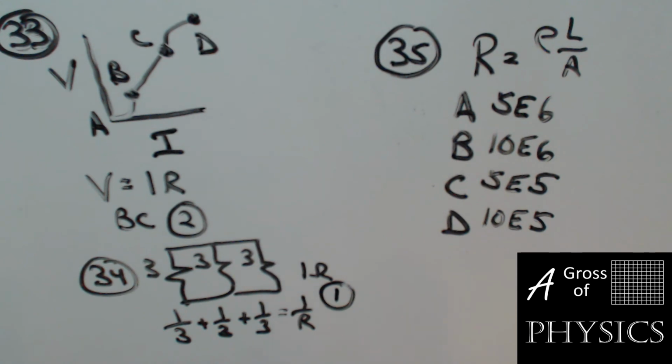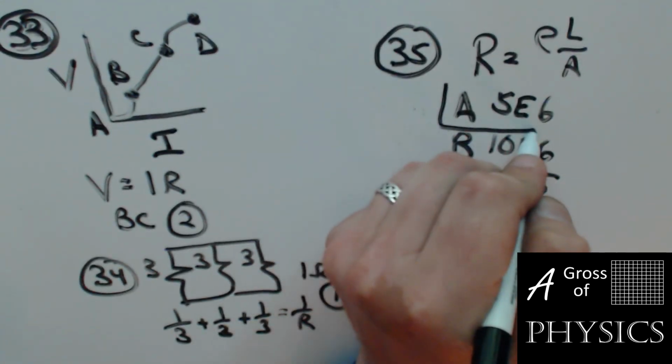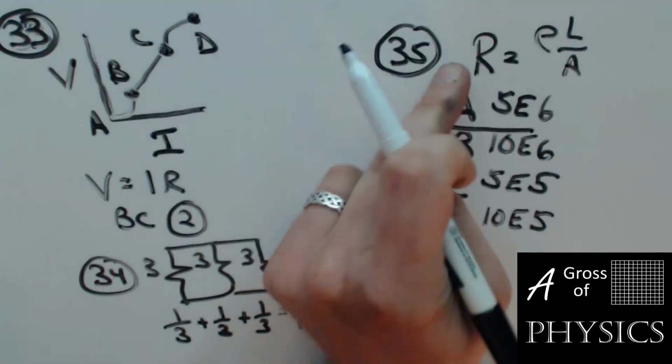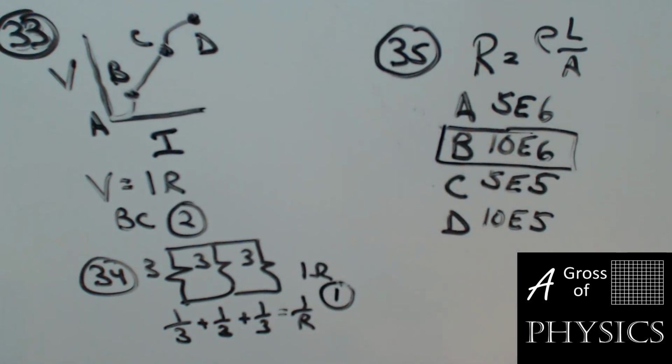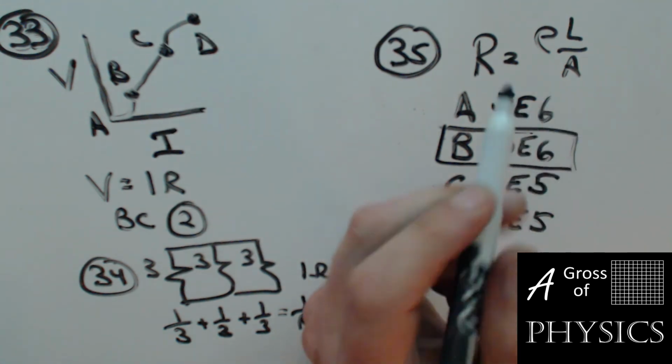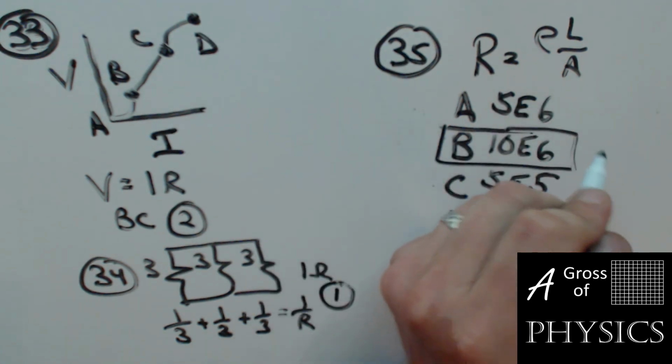So the highest one is going to be B, which is 10 times 10 to the 6, so 10 million ohms, choice 2.